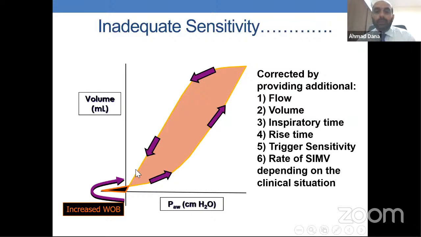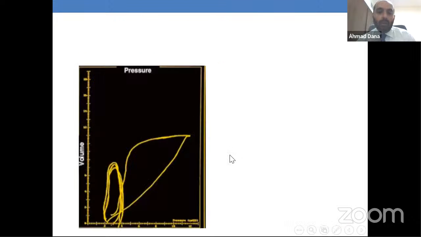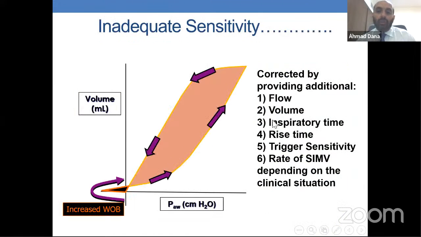So when there is a problem with this air hunger, figure of 8, you have 2-3 things to think about. Either you have less flow or less volume, less inspiratory time, less rise time, trigger sensitivity, or the rate on SIMV. These things you have to keep in mind if you have a problem with air hunger or increased work of breathing.